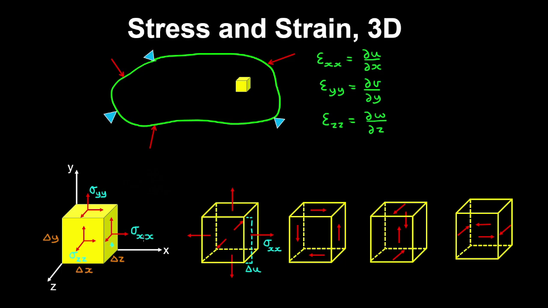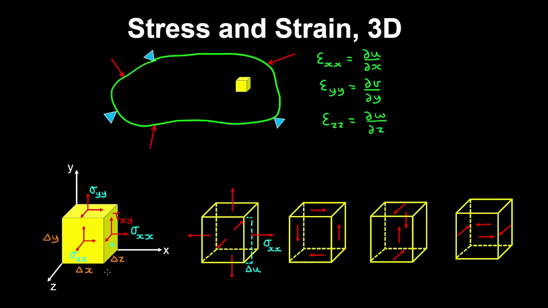Now in addition to the axial stresses, which are perpendicular to the faces that they act on, we have the shear stresses. So this shear stress in the vertical direction we denote tau, and it acts on the face with the normal in the x direction, and the stress acts in the y direction.